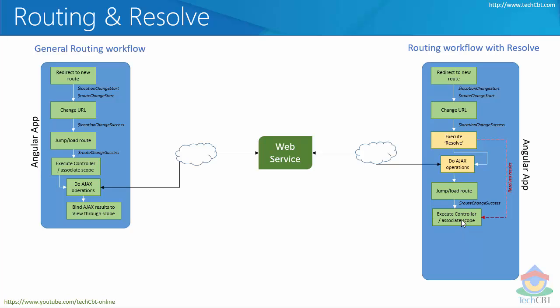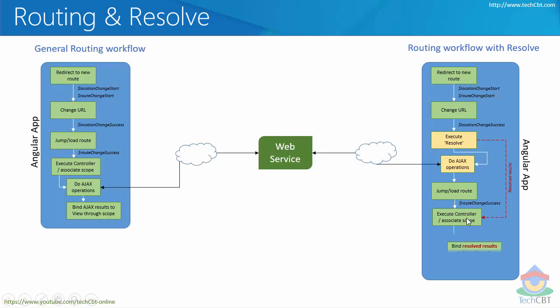Once your controller gets ready as part of the workflow, then it passes that whole data, whatever it has fetched or manipulated or somehow computed, and all that data will be sent through the controller. So the resolved results means nothing but whatever data has been prepared in order to send to the new route will be injected into your controller once the controller becomes ready.